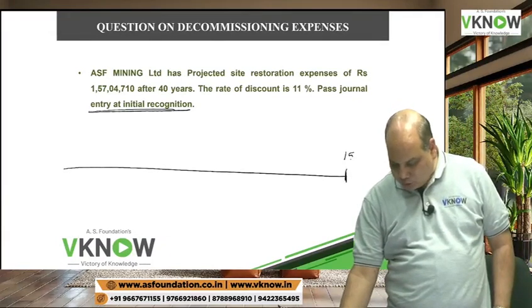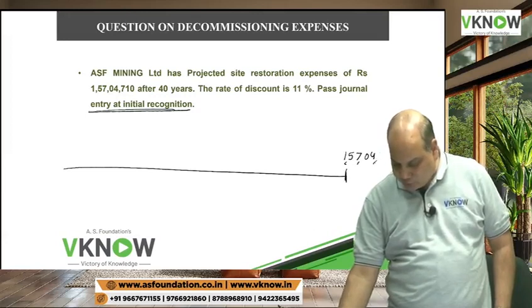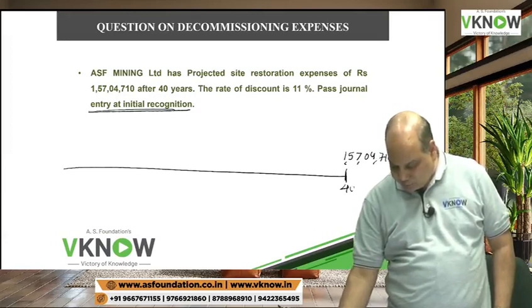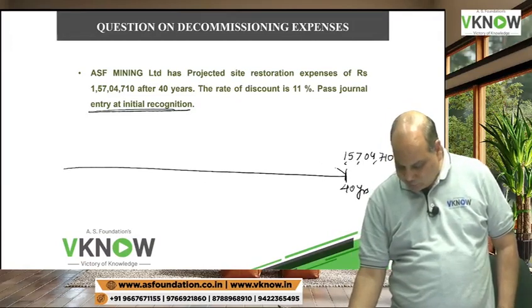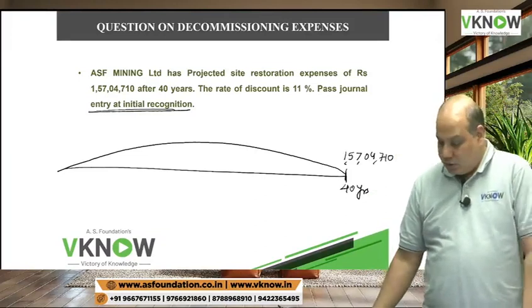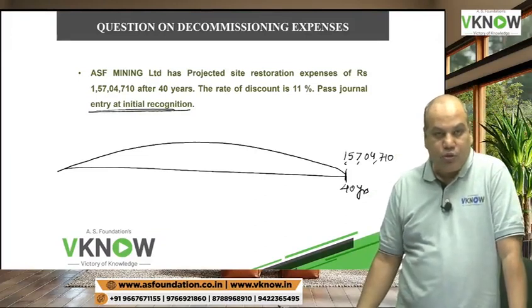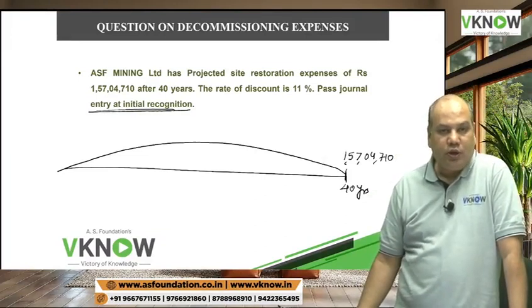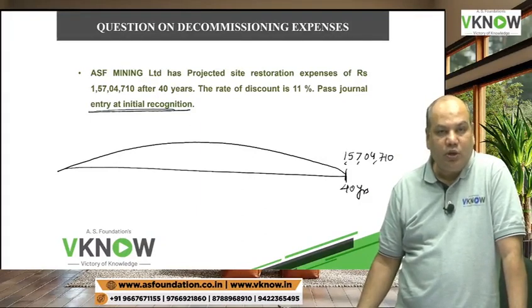You have to incur 1 crore 57 lakh 4,710 after 40 years. You have to restore the site. Government has given the permission subject to you will restore the site. That is your decommissioning obligation.